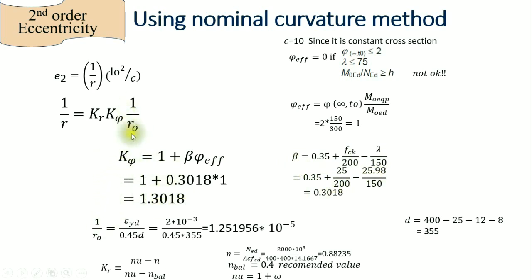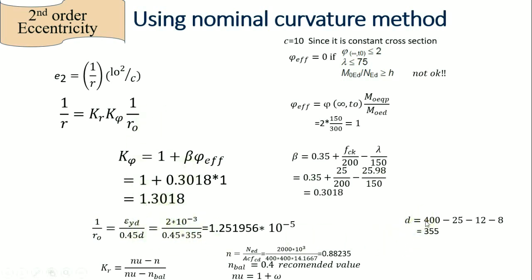How to calculate 1 over r naught? It is equal to epsilon yd over 0.45 d, the effective depth. epsilon yd is equal to 0.002, which is obvious, over 0.45 times effective depth.